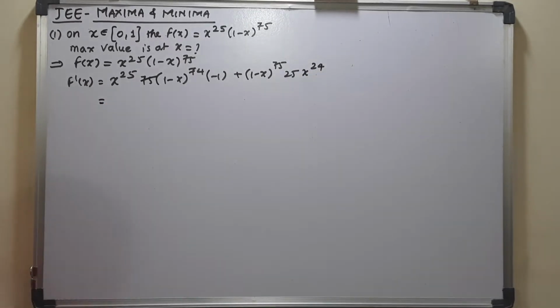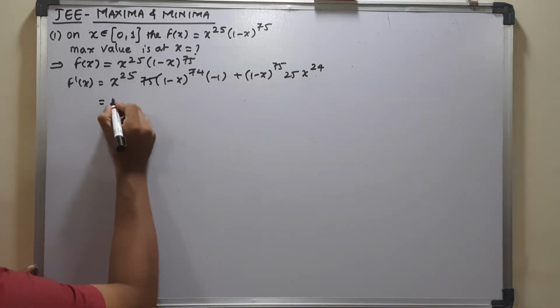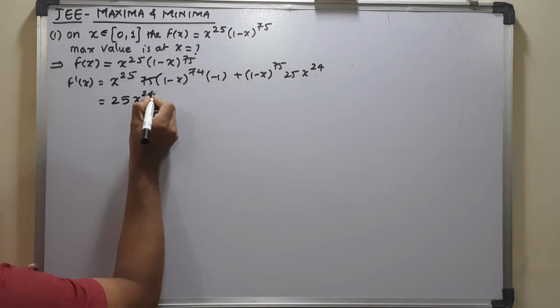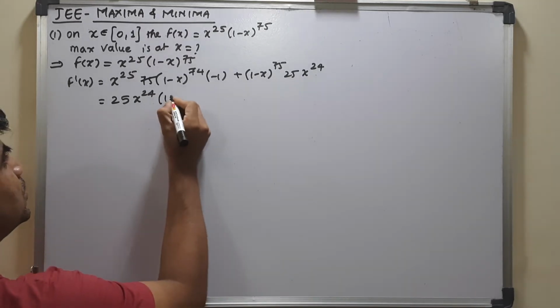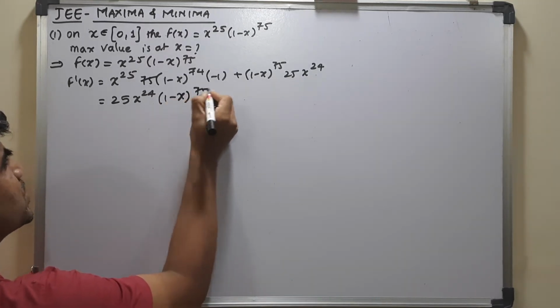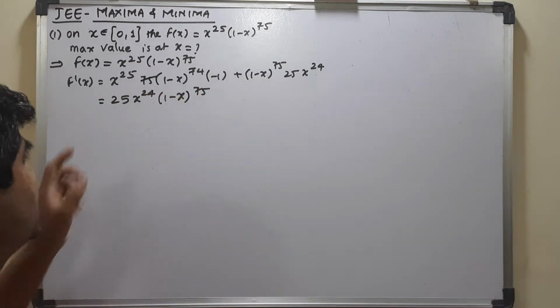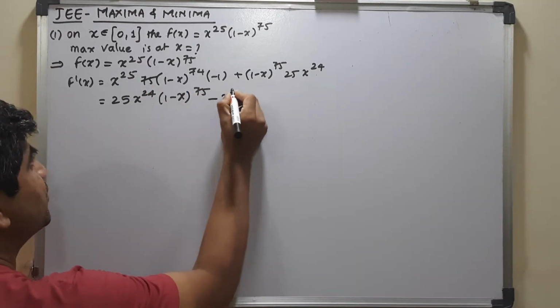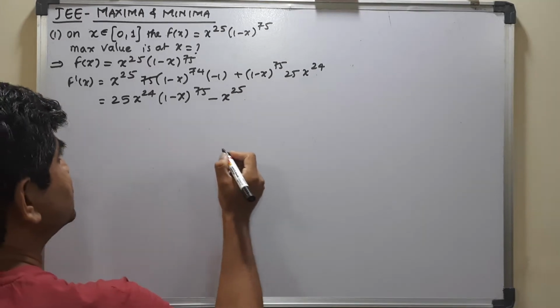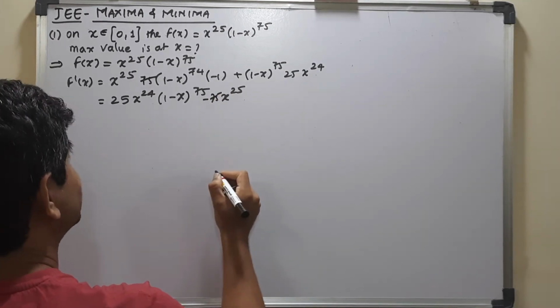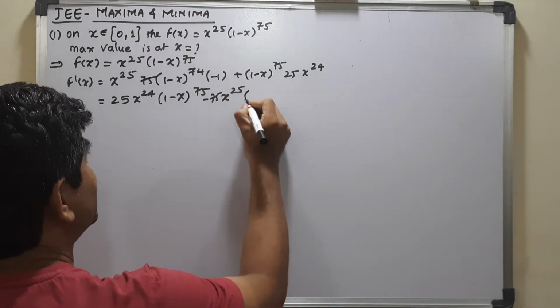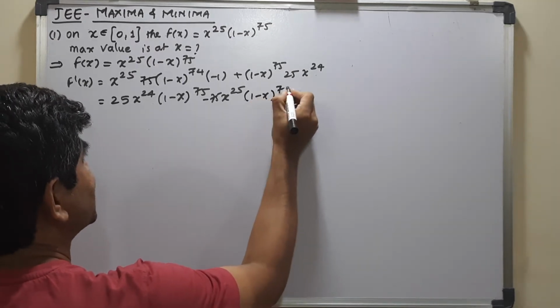So I get 25 x raised to 24 into 1 minus x raised to 75, minus 75 x raised to 25 into 1 minus x raised to 74.